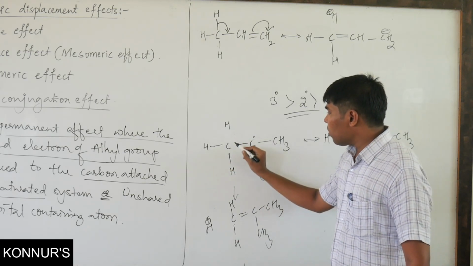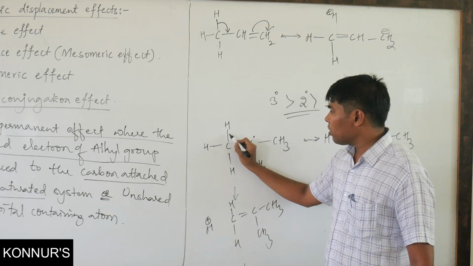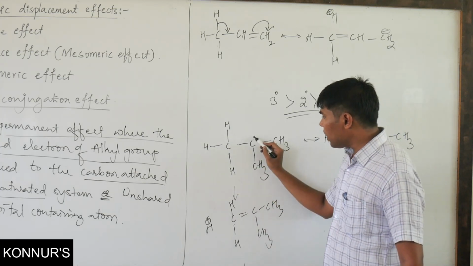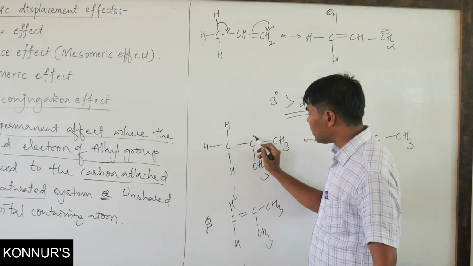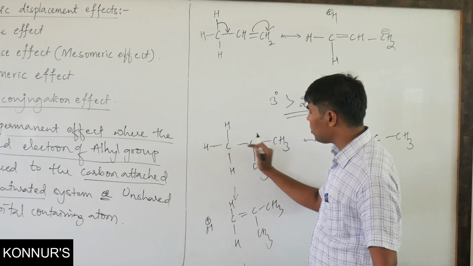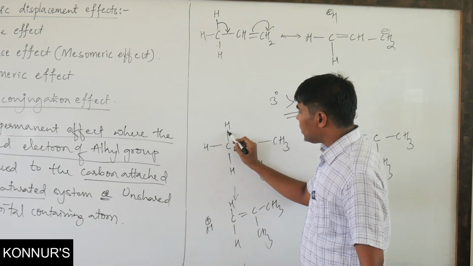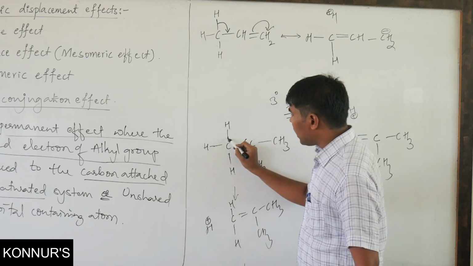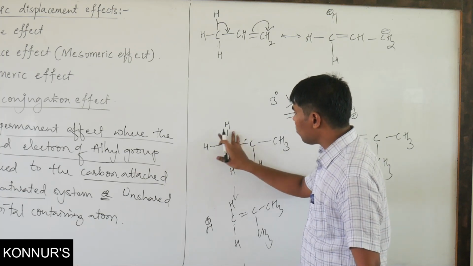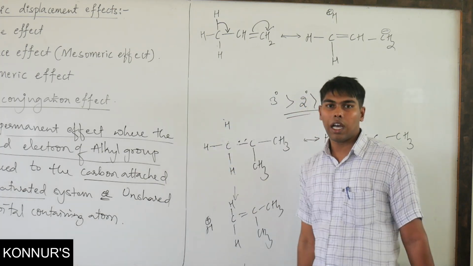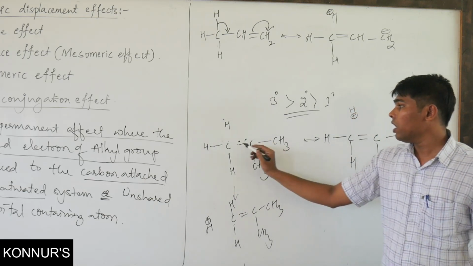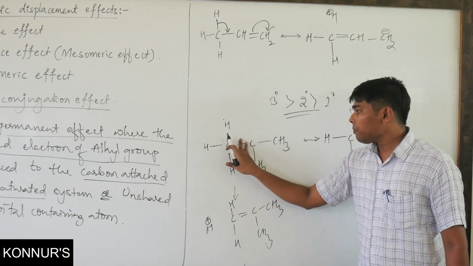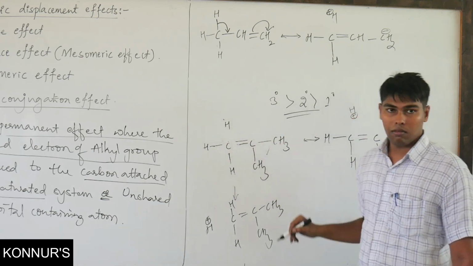Here already one electron is there, 2 electrons are there. One electron will come here, this electron will come here, this electron will come here. So the electron from this carbon will come here, so one electron is displacing onto hydrogen. Like that, there will be 9 structures like that.